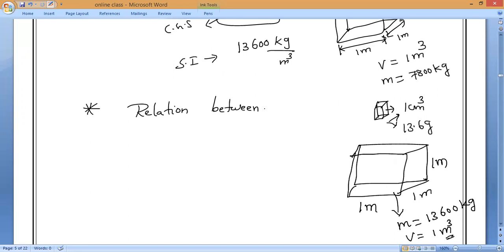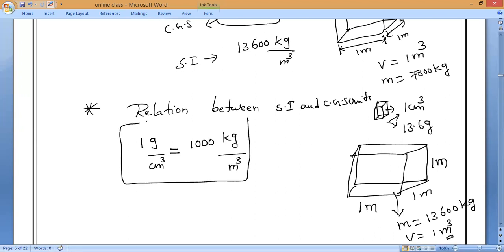Now, the relation between SI and CGS unit. Now you can understand. See, 1 gram per cubic centimeter is equal to 1,000 kilogram per cubic meter. Do you understand?